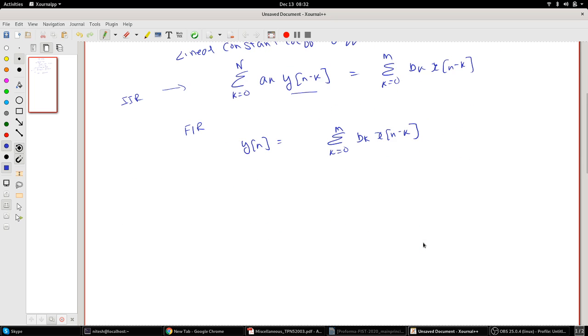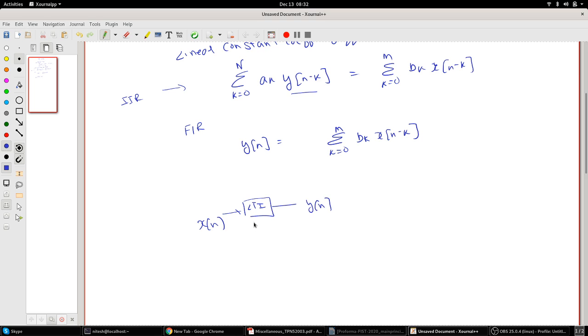Think about a simple scenario. Let's say you have an LTI system, a FIR or finite impulse response LTI system, where you are applying x of n and you are getting y of n.